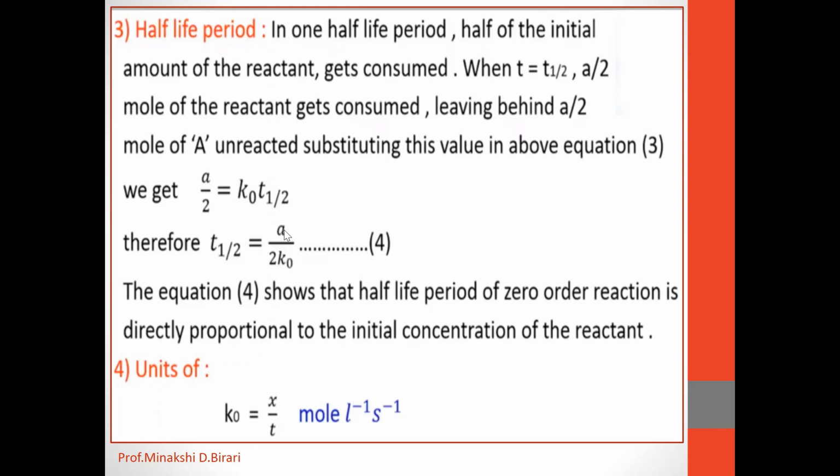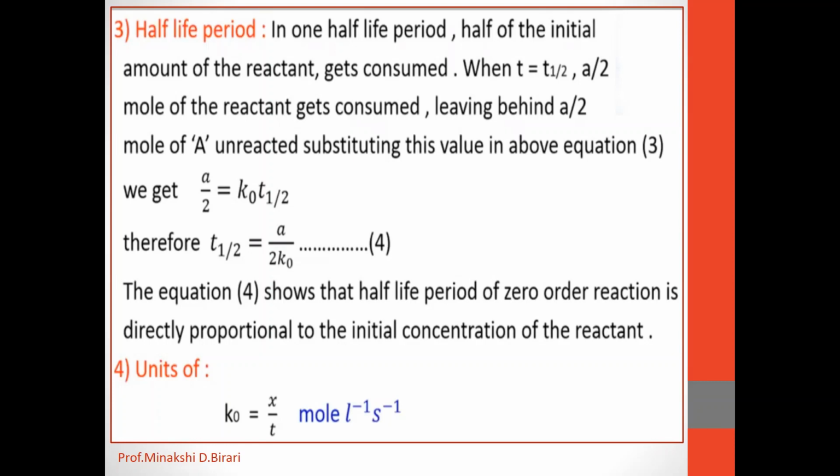Here a is the initial concentration of the reactant, and K0, the rate constant, and 2 are constants. So the half-life period of a zero order reaction is directly proportional to the initial concentration of the reactant, K0 being constant.